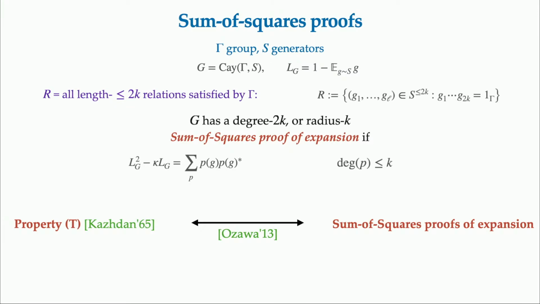It was proved by Ozawa in 2013 that having that particular property is equivalent to having these low-degree sum of squares proofs of expansion. I'm more familiar with the latter object, which might be my bias, and hence this particular presentation. But you should see the equivalence between property T and SOS proofs of expansion in the next talk.